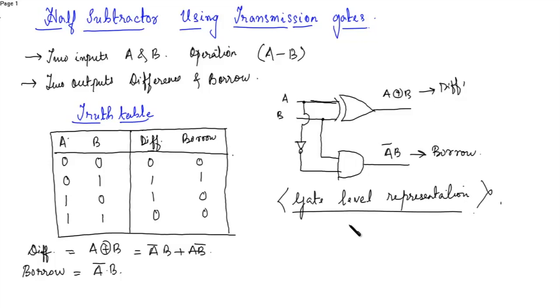Now after representing at gate level, we have to represent it in a schematic form. When you try to represent in a schematic form, we'll use the PMOS and NMOS either to operate this A bar B plus A B bar.